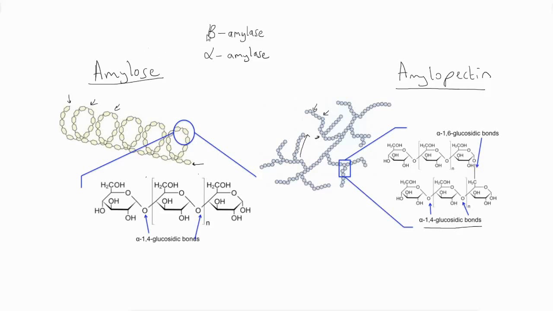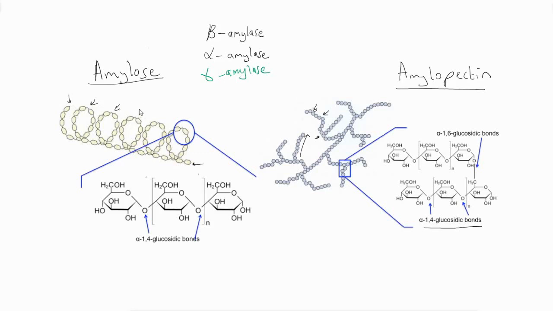So whereas beta amylase and alpha amylase can both hydrolyze only alpha-1,4 glycosidic bonds, another type of amylase called gamma amylase can hydrolyze alpha-1,4 and alpha-1,6 glycosidic bonds.